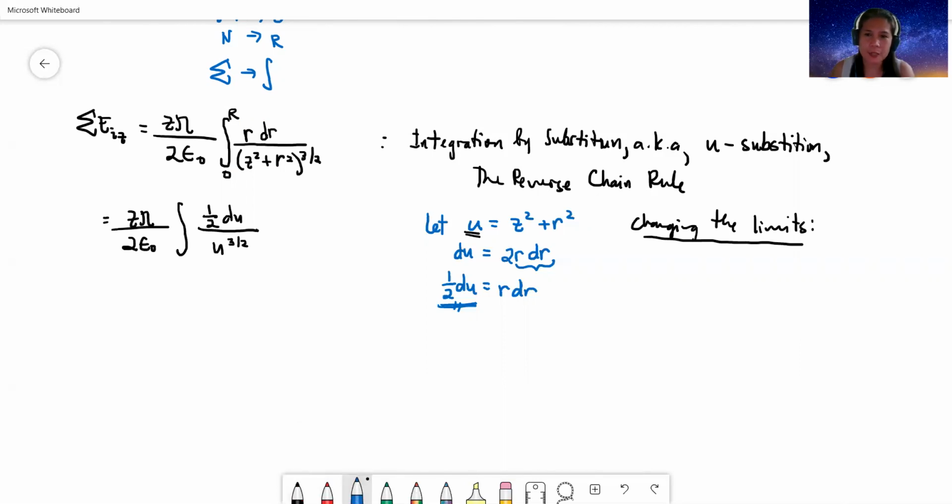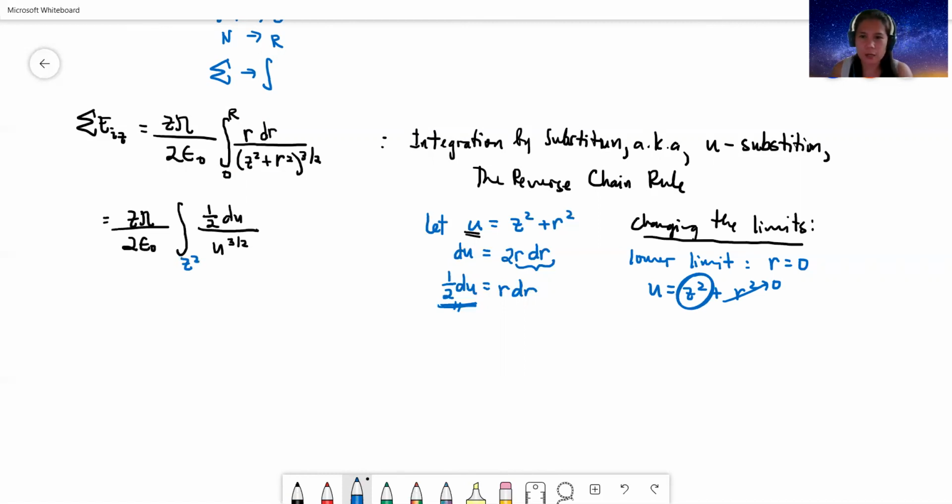So the limit now, the lower limit, we set it earlier as r is equal to 0. So from our u, it becomes z squared plus r squared. But for r equals 0, this is out of the equation. So the lower limit now becomes z squared. So, lagay natin dito, instead of 0, this becomes z squared.